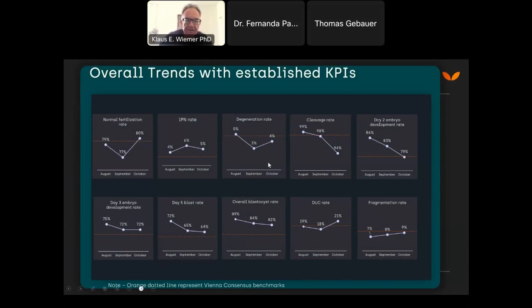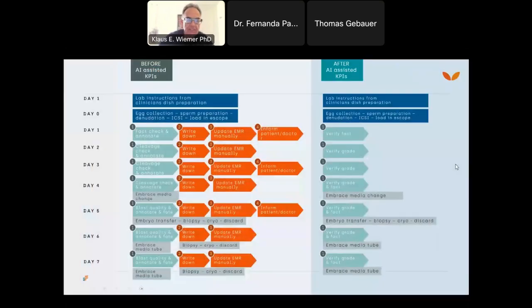We can look at degeneration rates, we can look at overall blast rates, and all of these are snapshots that you can look at any time. You can break this down into weeks or days, depending on how big your clinic is. And you can really then start to hone in on why, for example, did my day 2 development drop so much here in October? And it makes troubleshooting much easier.